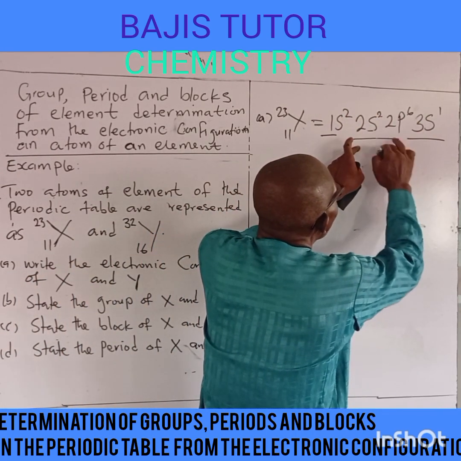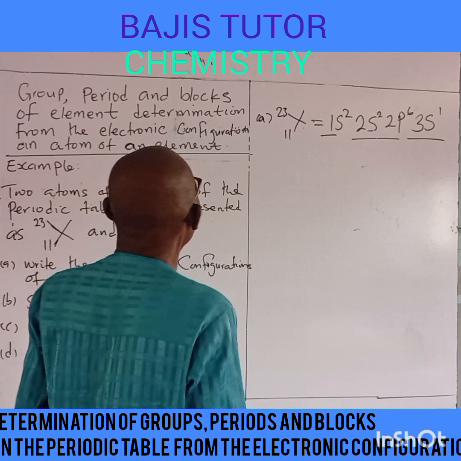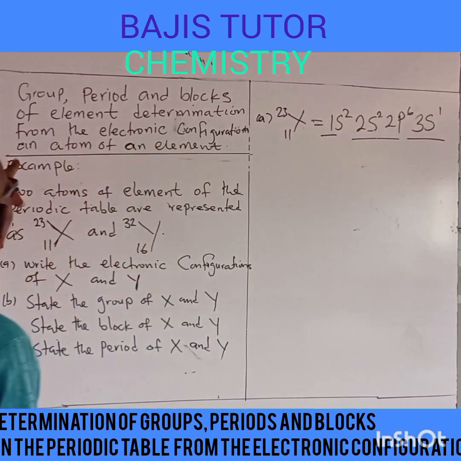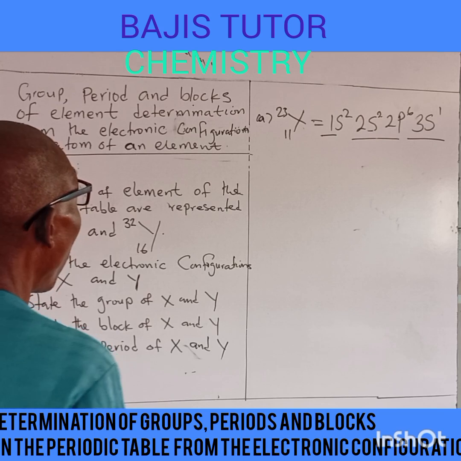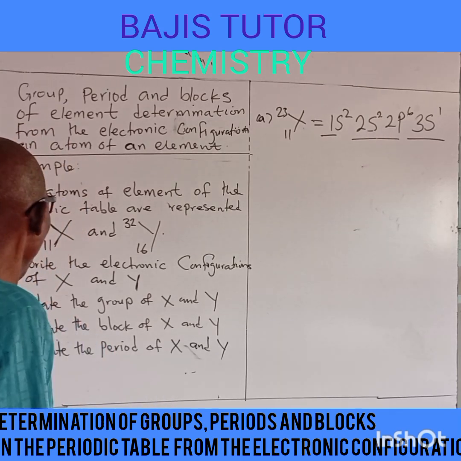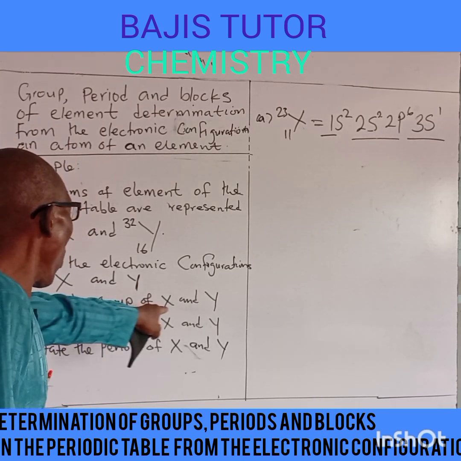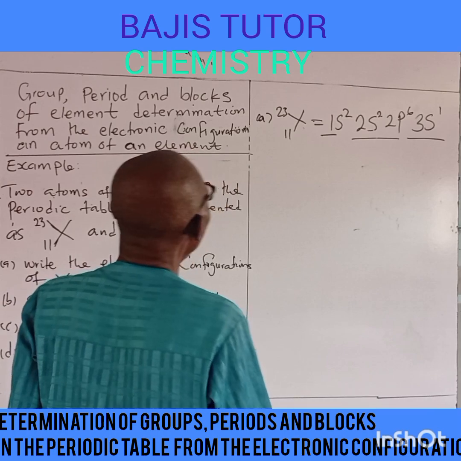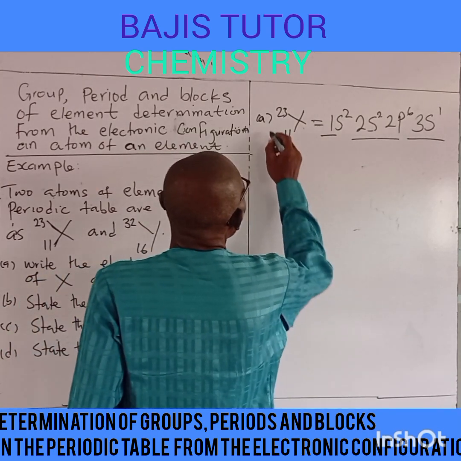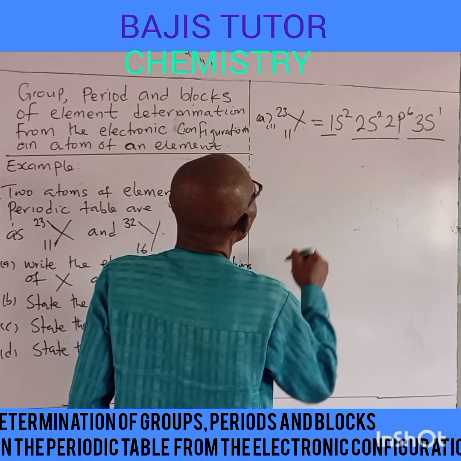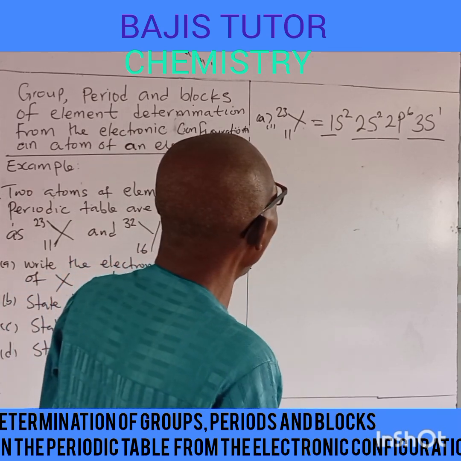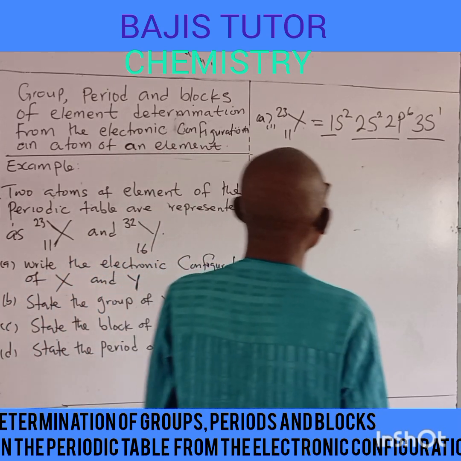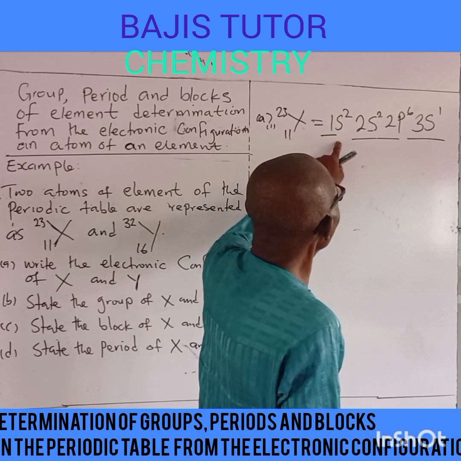Now, how do we identify the group? The first question is, if you find you are writing the electronic configuration for X, how do we get the group of X? Let's look at the last main shell: shell number 1, shell number 2, shell number 3.